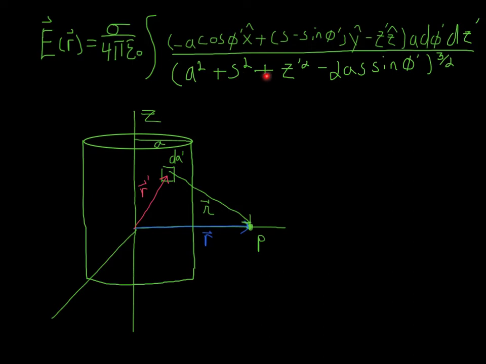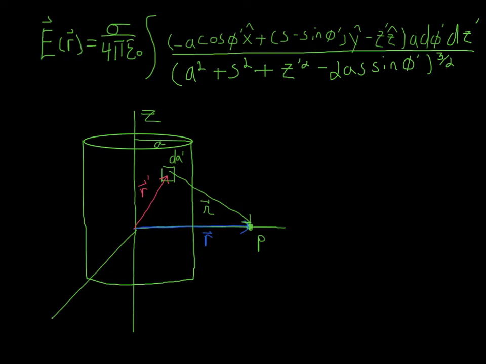The a squared plus s squared plus z prime squared minus 2as sine phi prime to the 1/2 is actually the magnitude of the vector up here, and then we cube it because in the case that I'm writing here, cubing is the Coulomb's law dependence if I have script R vector up here rather than R hat. So really, this is going to be script R vector over magnitude and then divided by the magnitude again. This is why we get the cubed.